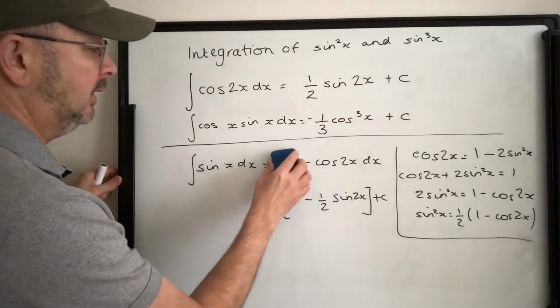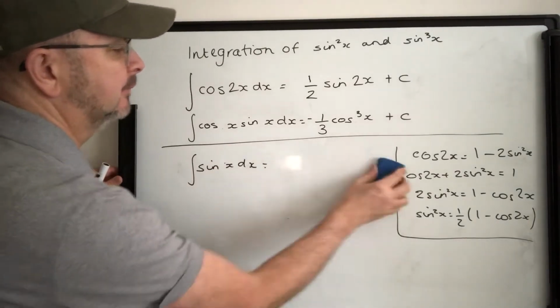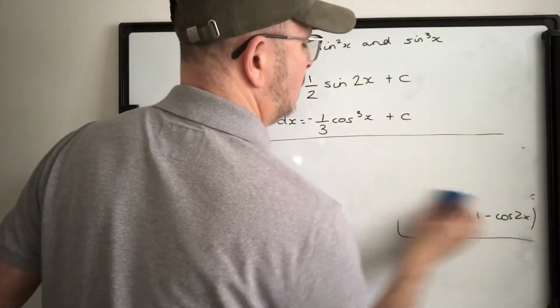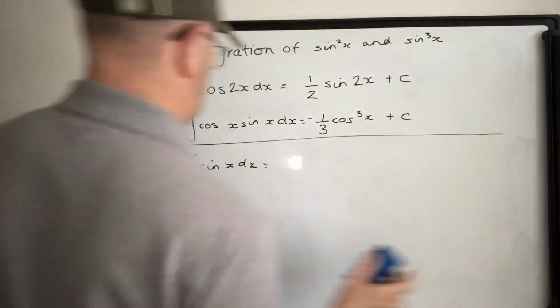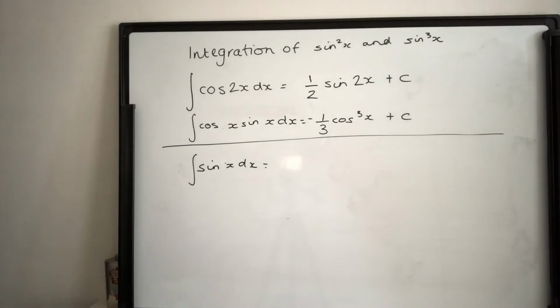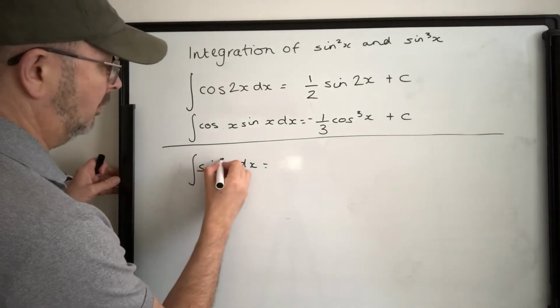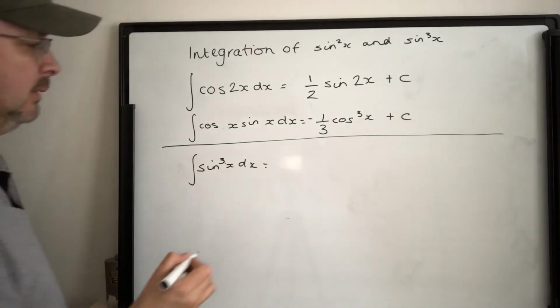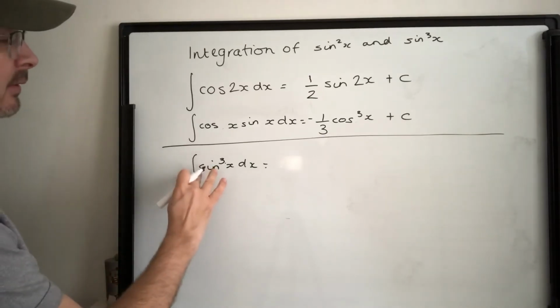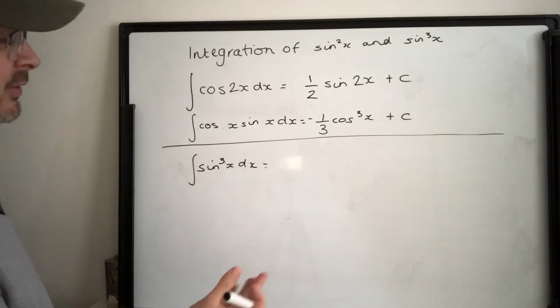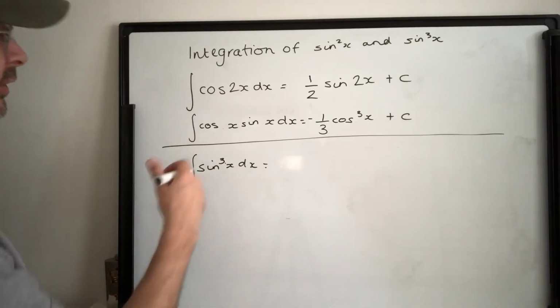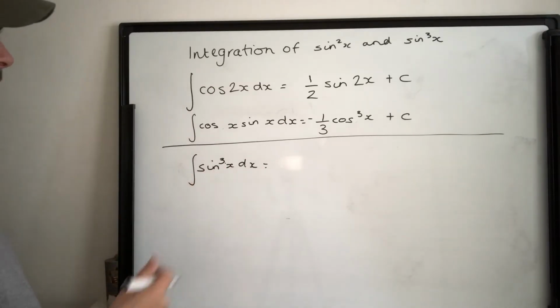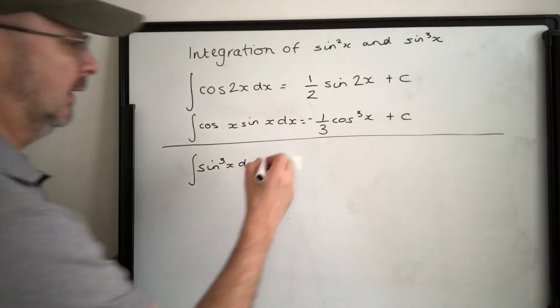So now, integrating sine cubed of x. It's almost identical to the integral of cos cubed x, as sine 2x is almost identical to cos 2x. Sine cubed x is almost identical to the integration of cos cubed x. Use the same formula.